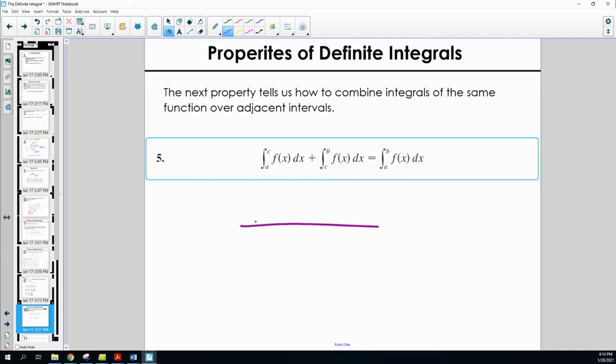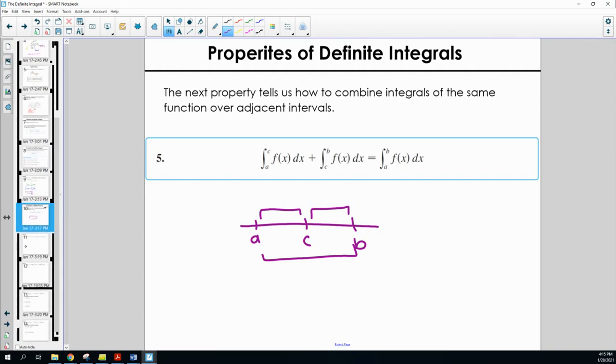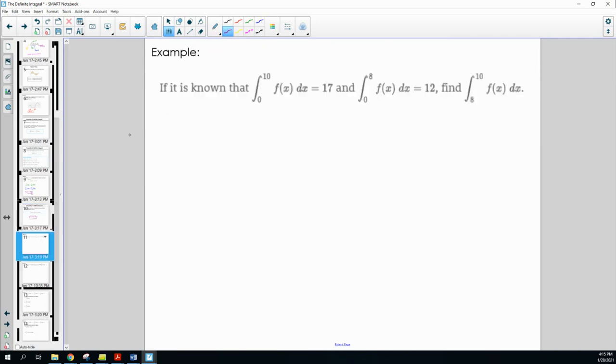So if I have an overall interval from a to b, then I know that from a to c, that amount plus c to b is going to equal the entirety from a to b. So we can break up our integrals and add pieces of them together to get full integrals.